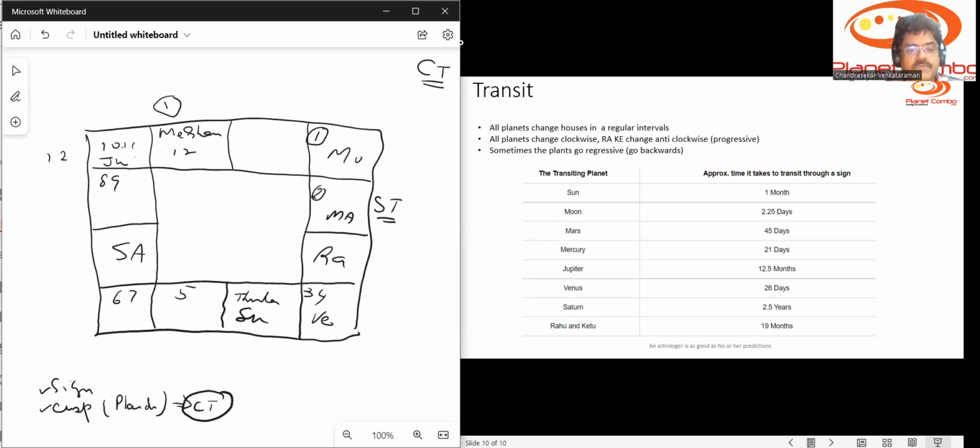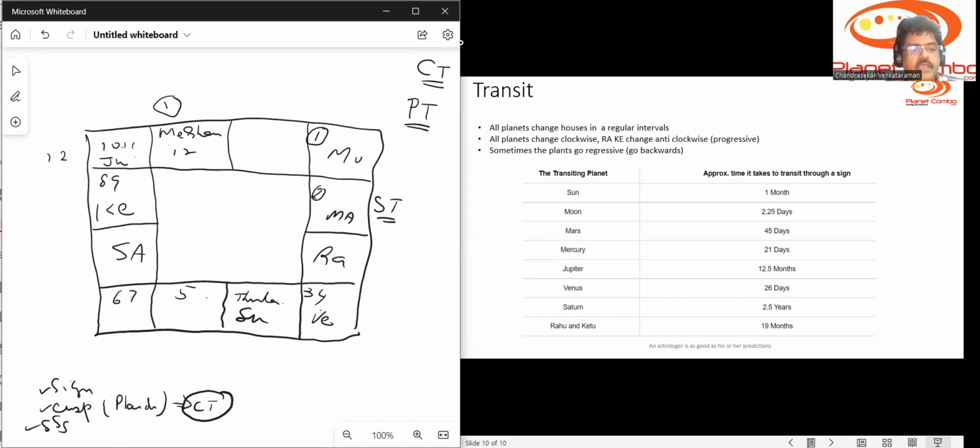So Rahu, we said it will be on the 7th position, Ketu, 1, 2, 3, 4, 5, 6, 7. Ketu will always be here. So we put the planets and we put the planetary table, which is the third static subsystem, okay?